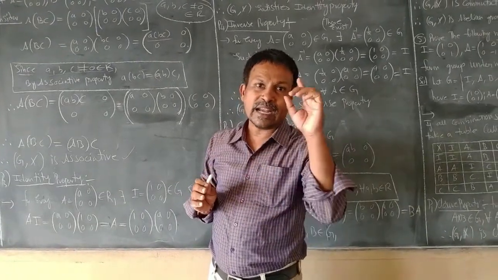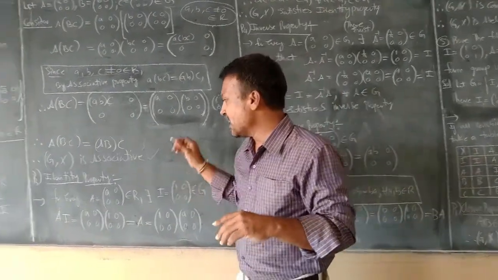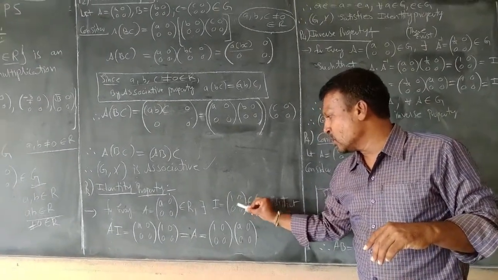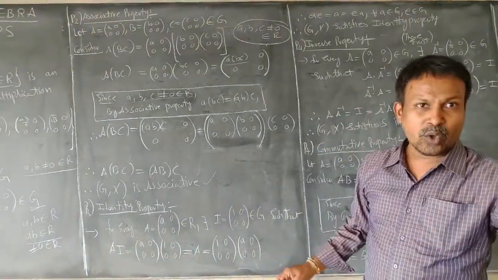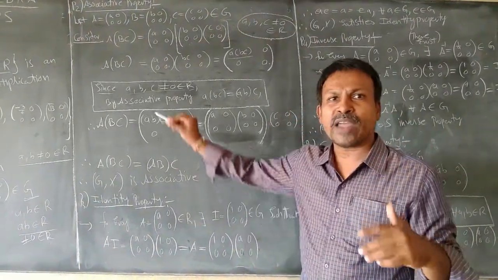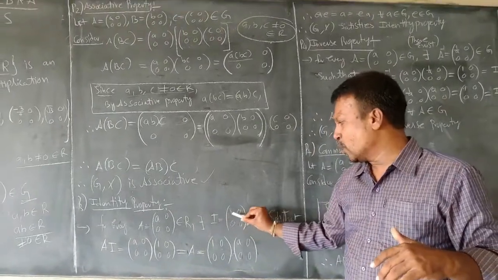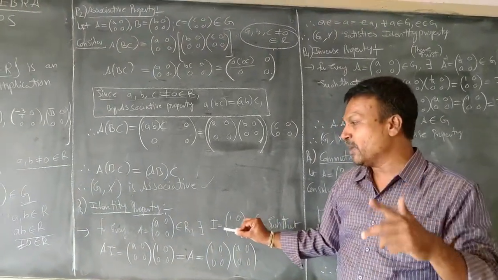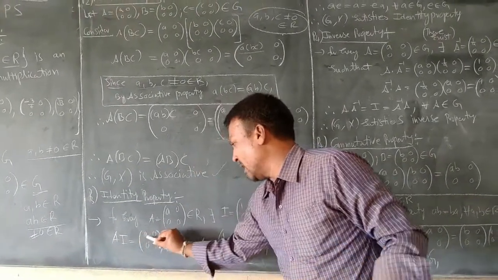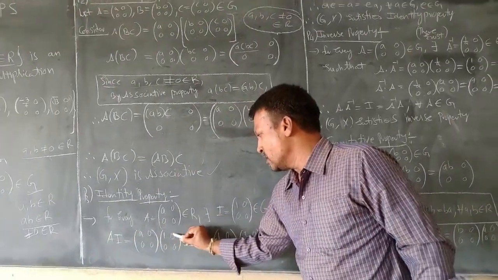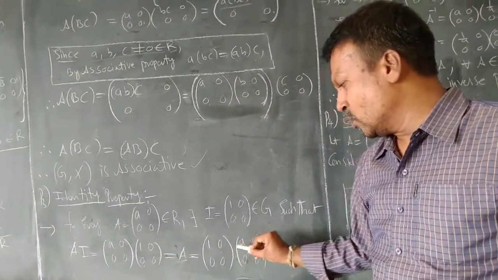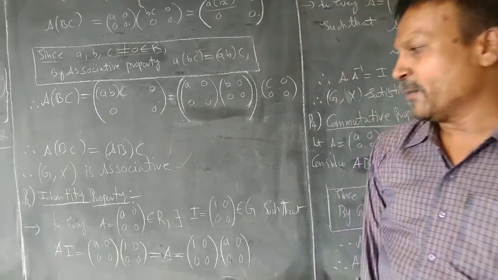So, I have given the ready-made value, that is the identity matrix in the form of capital I, equal to [1 0; 0 0]. If we go for verification in rough work, and multiply any matrix of capital G with this capital I, equal to [1 0; 0 0], then we get the verification like this. Capital A into I is equal to [a 0; 0 0] into [1 0; 0 0], which is again A. It is equal to [1 0; 0 0] into [a 0; 0 0].